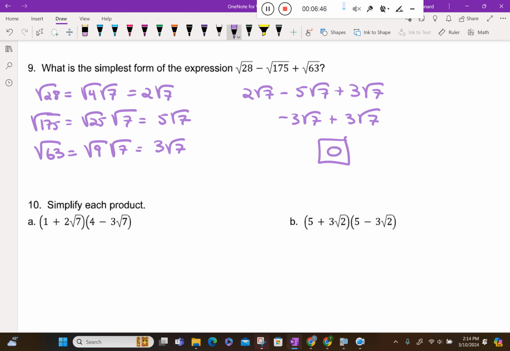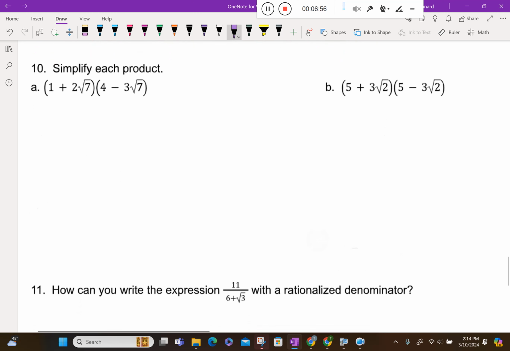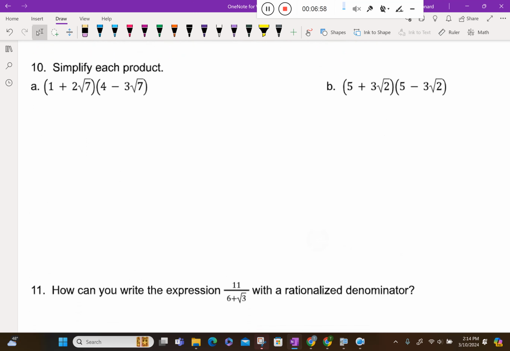Let's take a look at number 10. In question 10, we're asked to multiply 2 expressions together that each contain radicals. So we basically treat these like binomials, and we've done problems like this when we studied imaginary numbers back in our quadratics unit. First we would distribute 1 through the second expression, and we would get 4 minus 3 root 7.